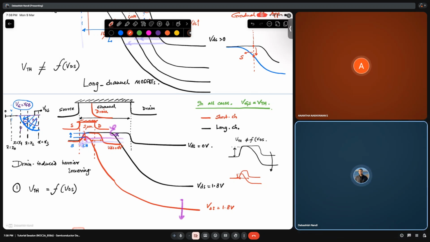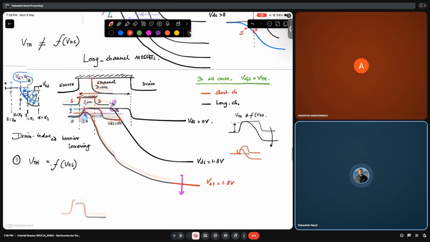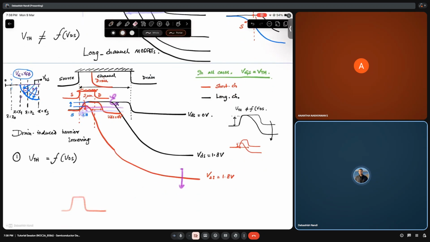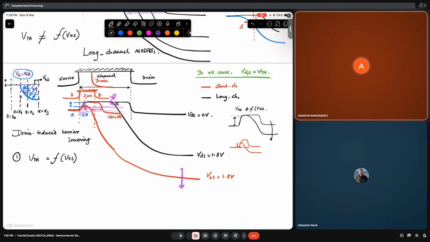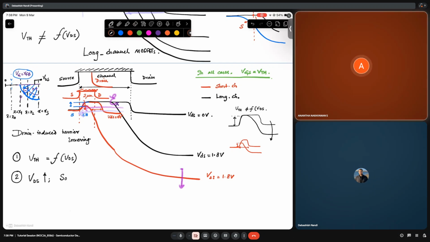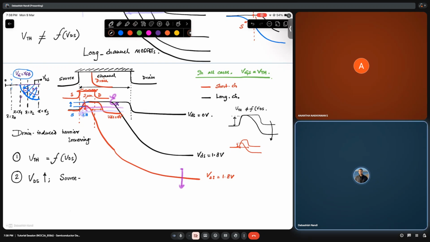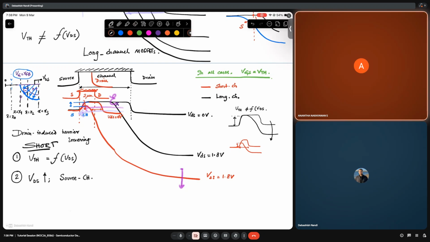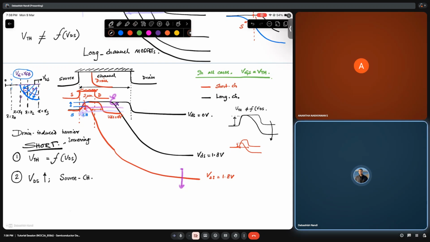So now tell me what will happen to VTH. If VDS increases, for short channel, VTH will be lowered. These are all for short channel devices.